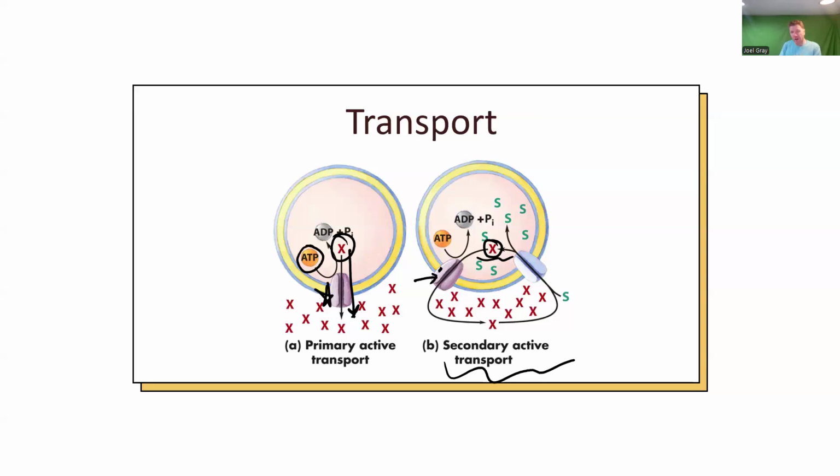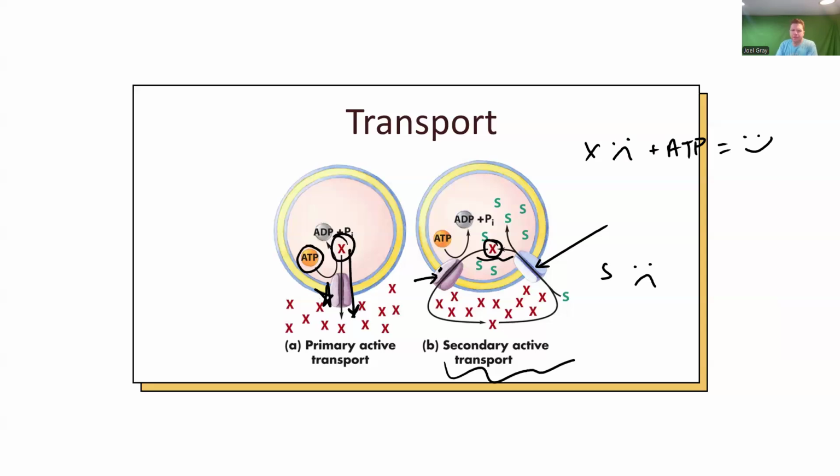This other enzyme right here is moving S, another molecule, from a low concentration to high concentration. So the movement of S, frown face. The movement of X, well, it's frown face, but plus ATP hydrolysis makes it smiley face. So it makes it favorable.